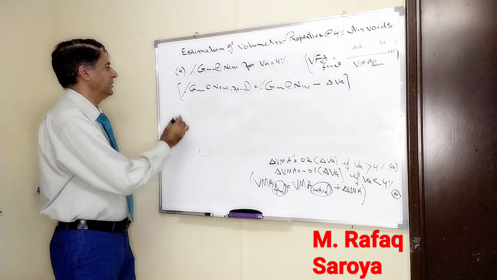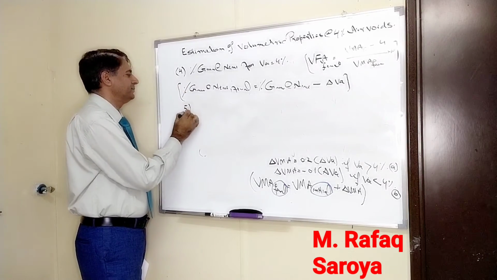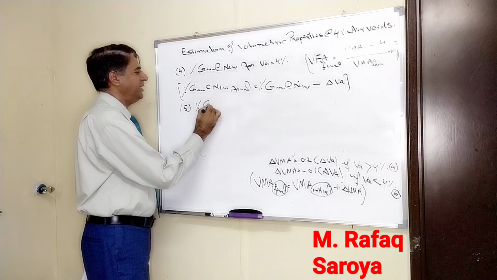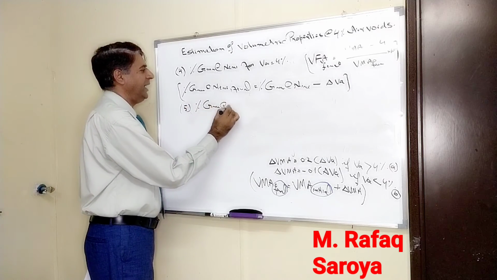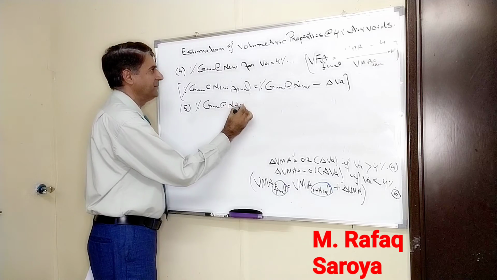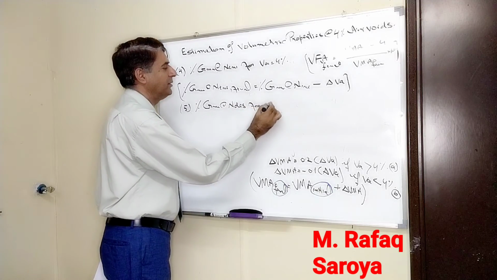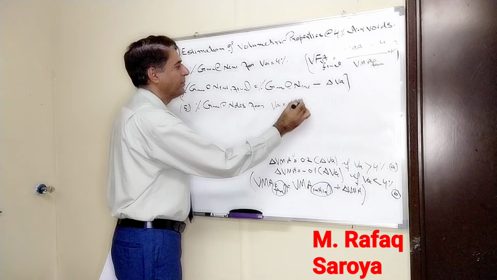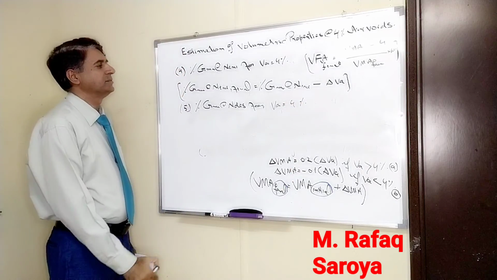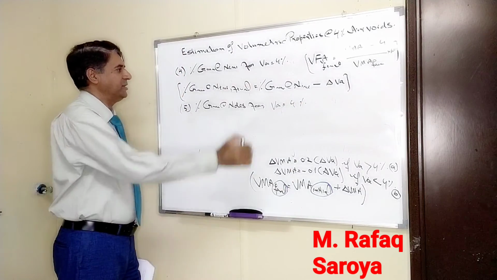Similarly, the other formula: percentage of GMM at N design for VA equal to 4%. It will also be written like this.